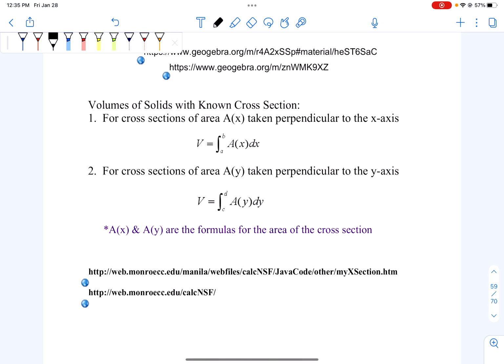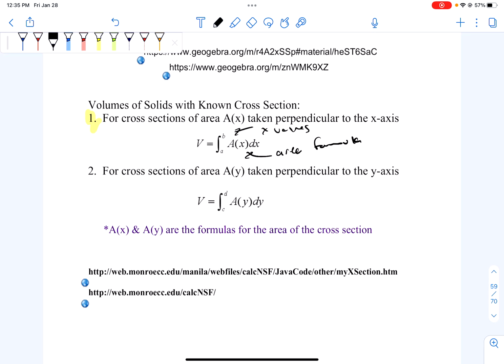So going back to the notes, you've got some formulas. Number one right here says that for cross sections of area A of x taken perpendicular to the x-axis, you are going to use the integral from a to b of A(x). Now the a to b, those are just x values like they've always been. A(x), that is going to be the area formula for whatever shape it wants you to use.